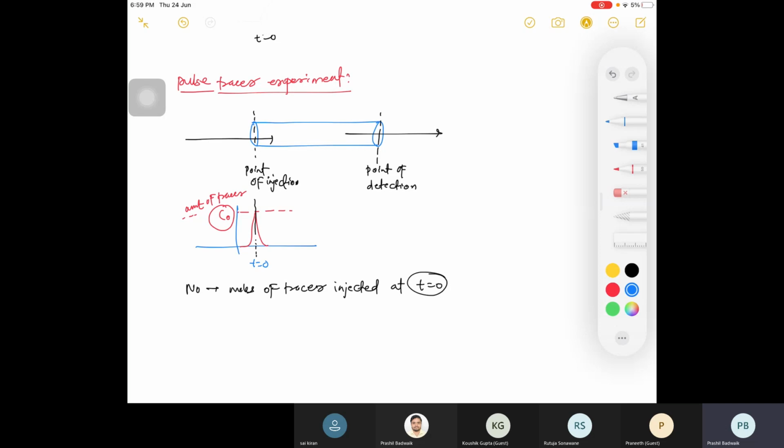You will be having some kind of profile here, some increase, decrease, something will come. So I am writing this is the concentration profile with respect to time. You have your detector here, and your detector will determine your concentration. So what can happen? Initially, this is just an arbitrary profile. It will increase, reach a maximum, and decrease again. Right? So this is the tracer concentration profile.